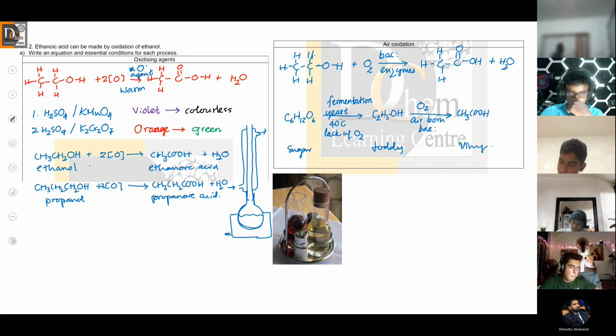This is due to the oxidation taking place as a result of bacterial action.